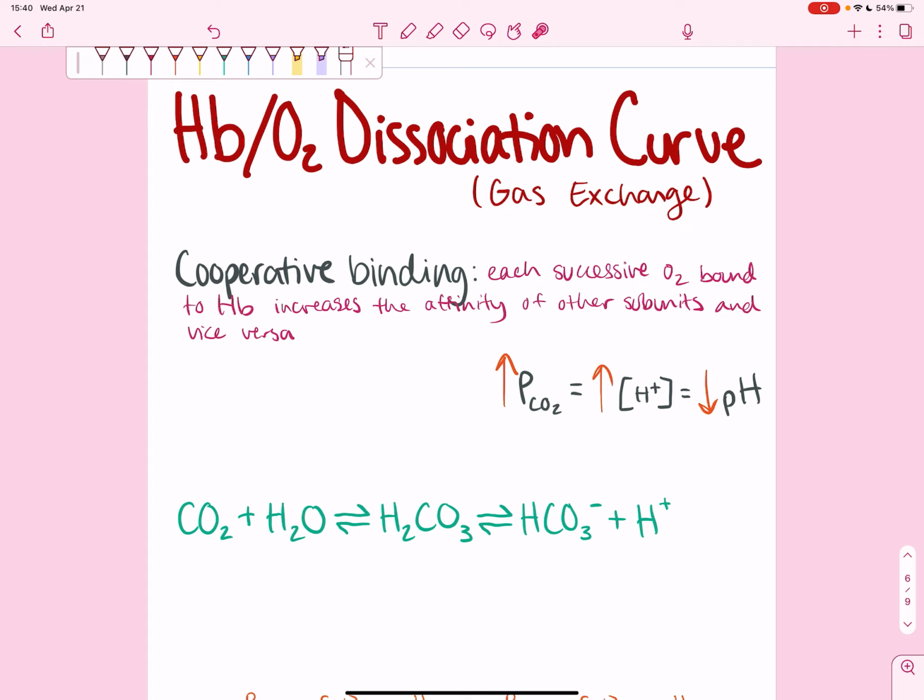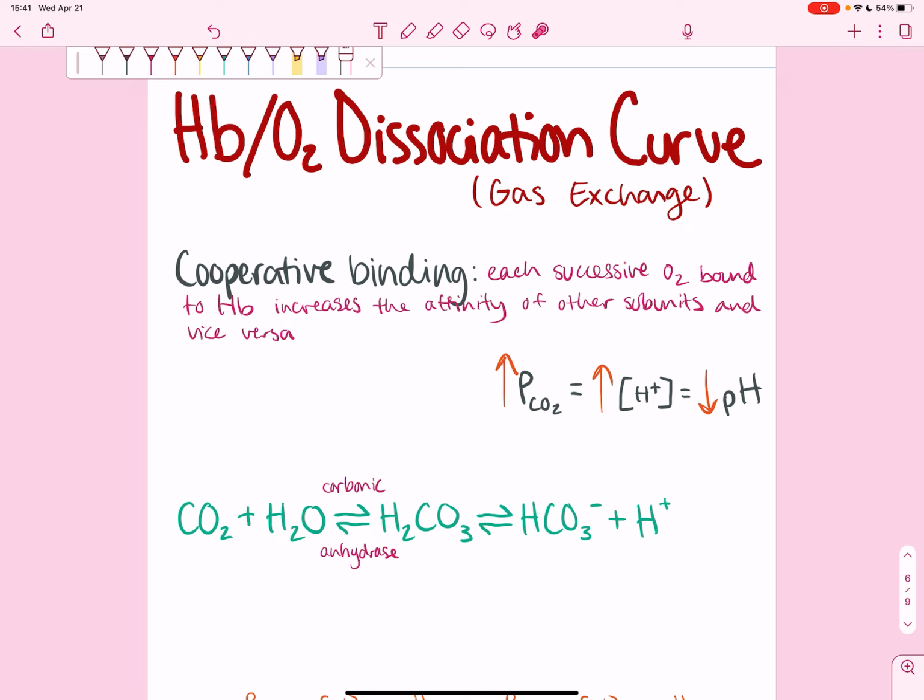To explain this, you have carbon dioxide and water. You start out with that in the blood, and then in the red blood cell, you use an enzyme called carbonic anhydrase to change this CO2 and H2O into H2CO3, and this occurs in the red blood cell.